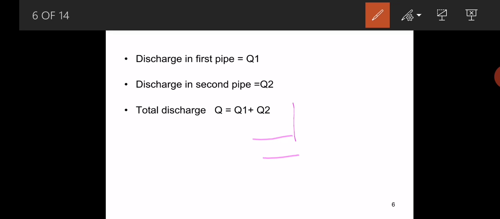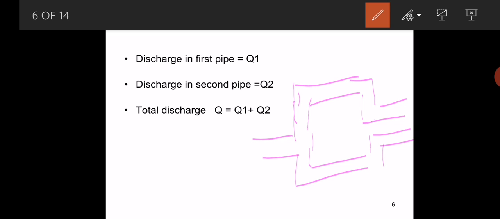This is the figure. This is the discharge Q, this is the discharge Q1, this is the discharge Q2. Let us consider these two pipes are connected in parallel.